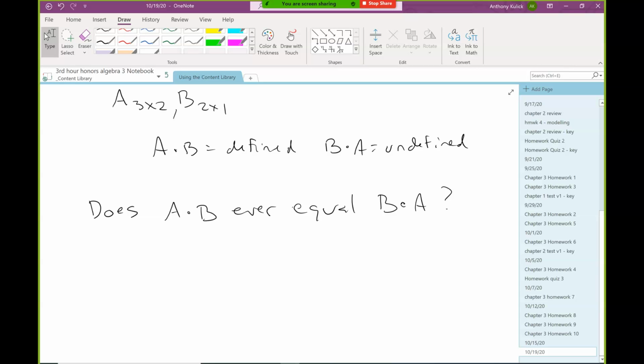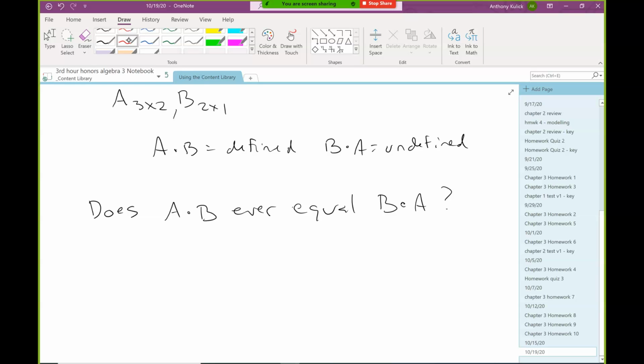So, what things have to be true if A times B and B times A are going to be equal? Yes, Sydney. Good.